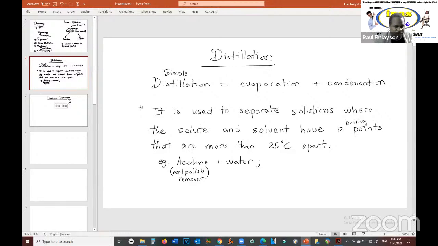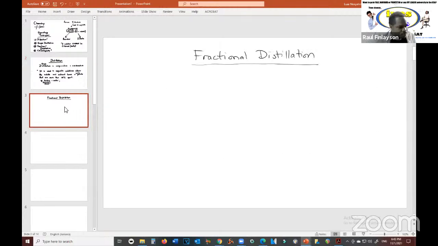Distillation is very big in terms of chemistry overall, so it's something that we have to know well. But the key is to understand that it's just evaporation and condensation. So all right, we're almost out of time.